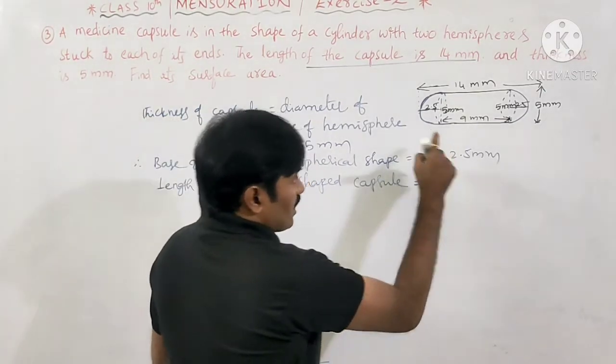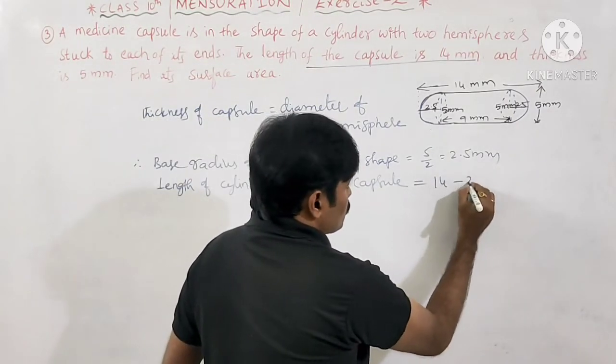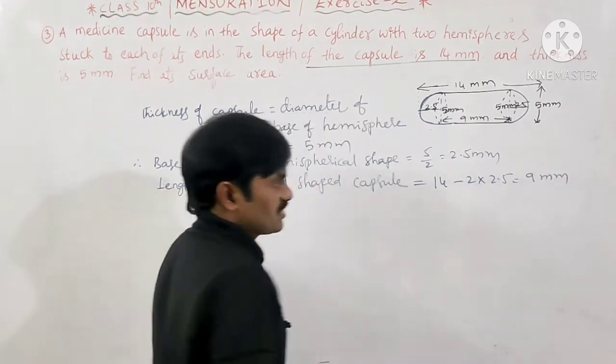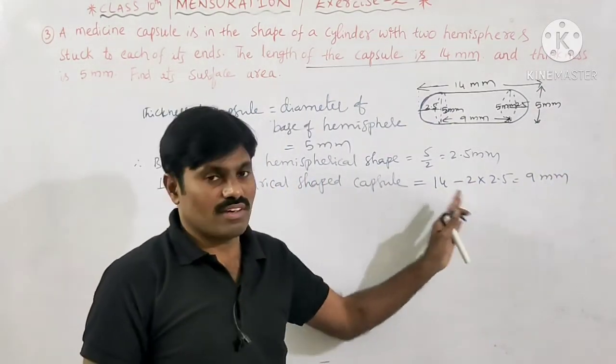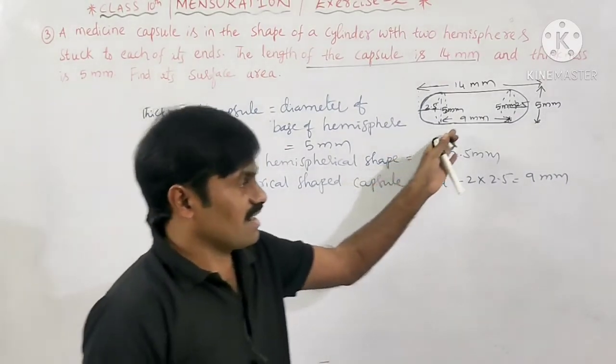Actually the total length of the capsule is 14 mm. So 14 minus 2 into 2.5, that gives us 9 mm. Clear? 2 2s are 5, 14 minus 5 is 9. Now this is the analysis of this figure.